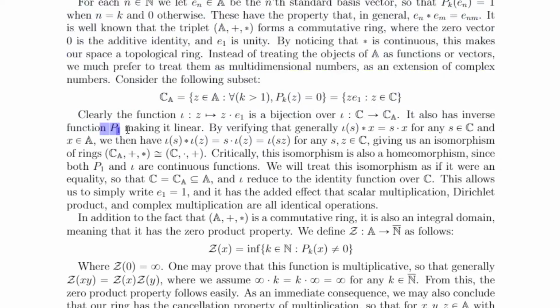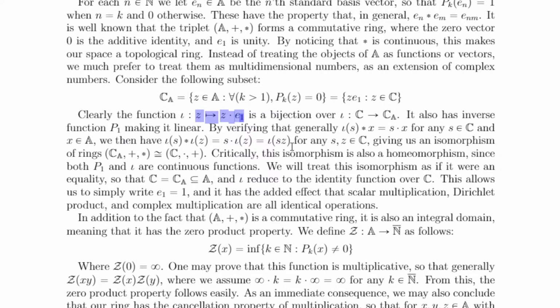The first projection is the inverse function of this inclusion map, and the first projection is linear. So our inclusion map from the complex numbers into our new space of numbers is a linear function.